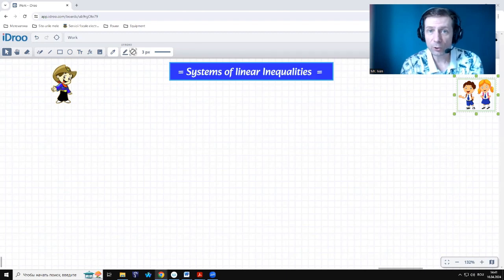And today's topic is the systems of linear inequalities. And I would say that in many cases, systems of linear inequalities are even simpler than the systems of equations. Okay, and why is that so? Because basically systems of linear inequalities are about, if it's in one variable, today we'll talk about the ones in one variable.